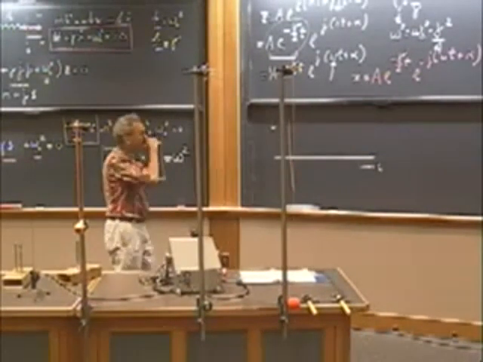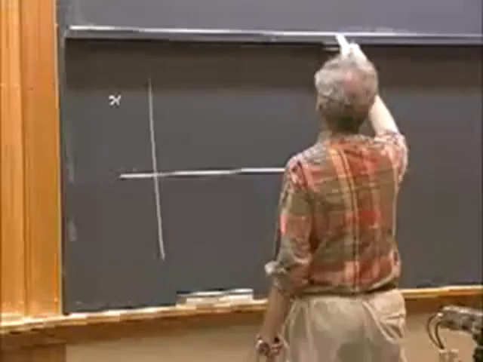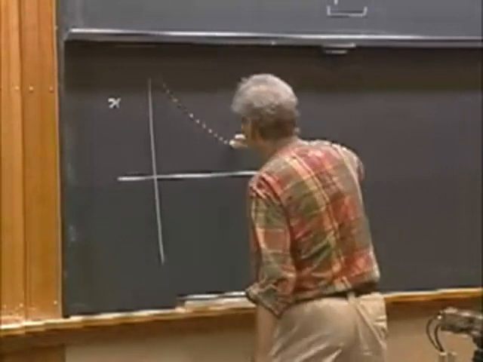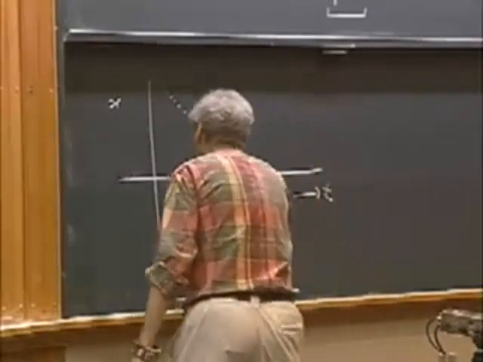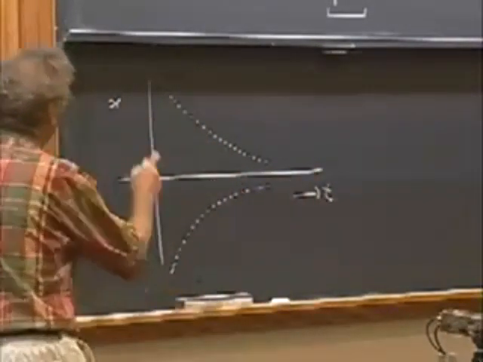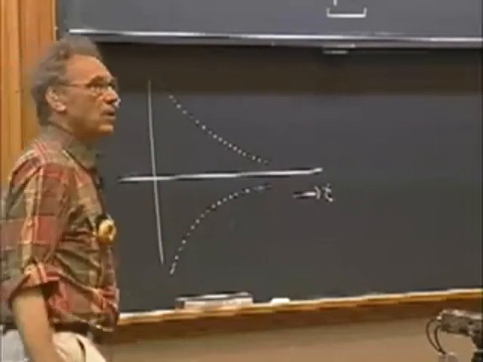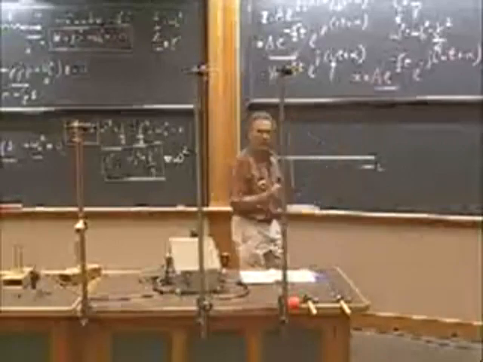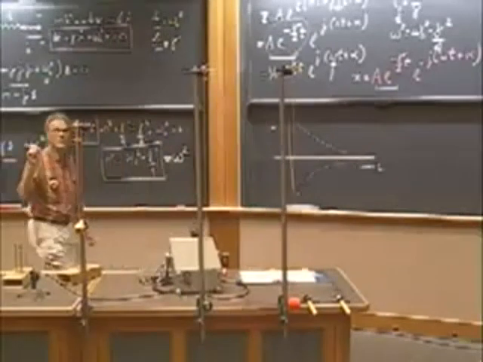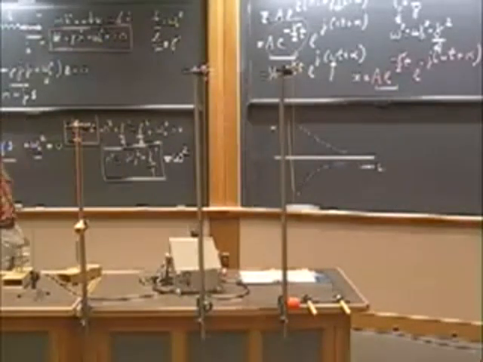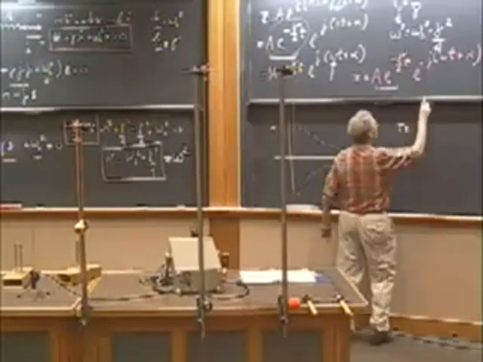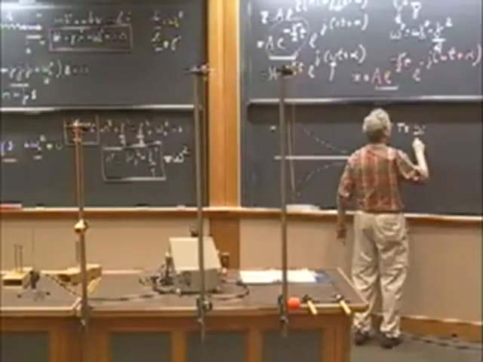And to guide my hand, I'm going to first put in this exponential. And now I'm going to put in that oscillatory term here, whereby the frequency is uniquely determined. Omega is uniquely determined. And the period t is that omega divided by 2 pi.